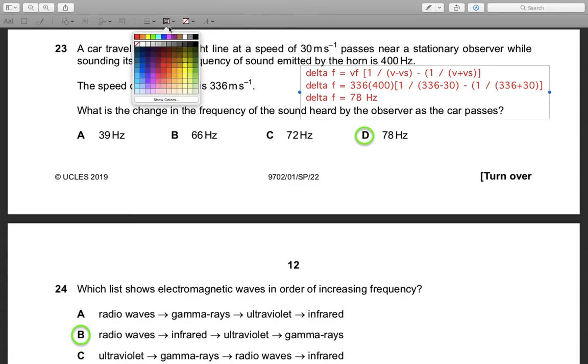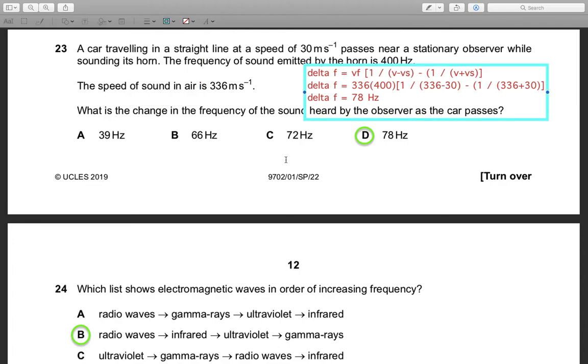When the car passes, the car is going near the observer and then far from the observer. So the delta of frequency is the frequency when the source comes towards the observer minus the frequency when the source goes away.